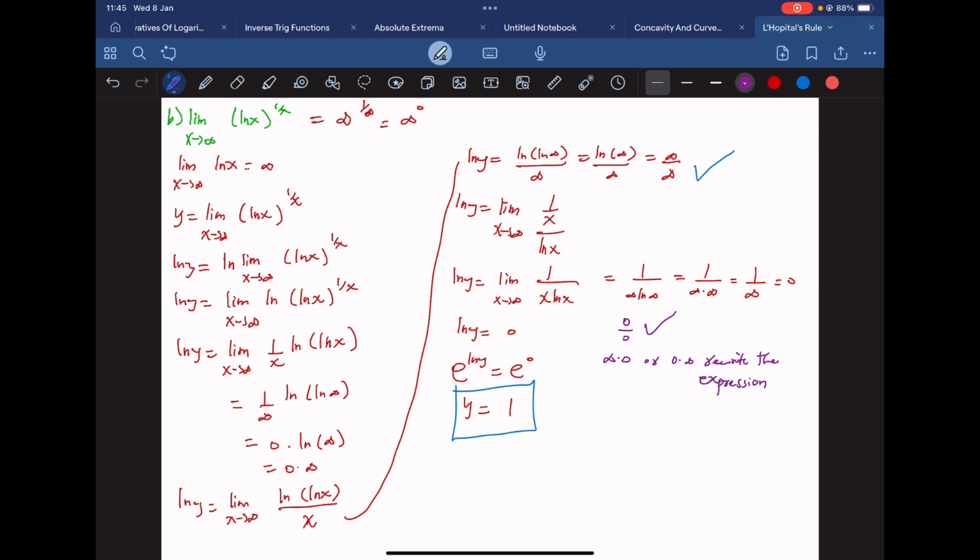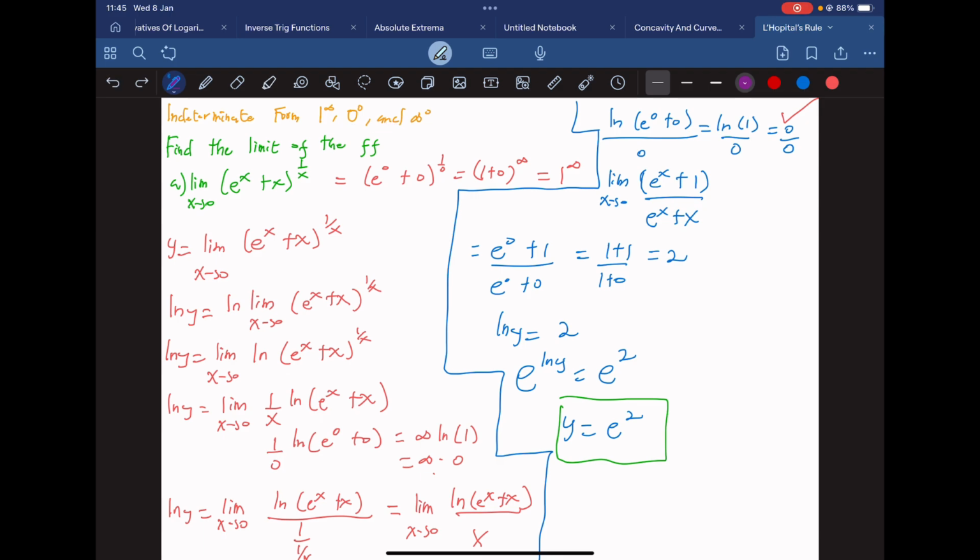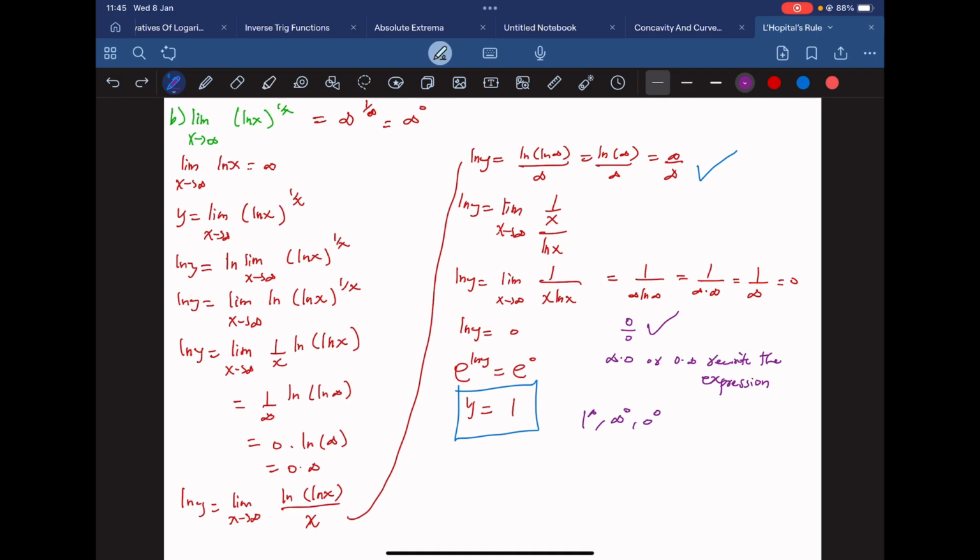And if we have the indeterminate form 1 to the infinity, infinity to the 0, or 0 to the 0, which is what we have over here, in that case, we represent the expression by y and add natural log to both sides. I hope this helps.